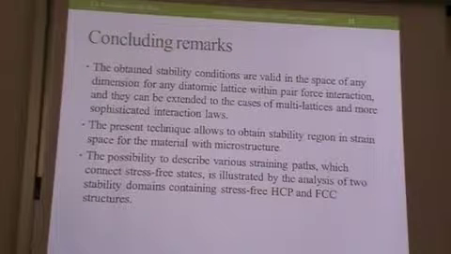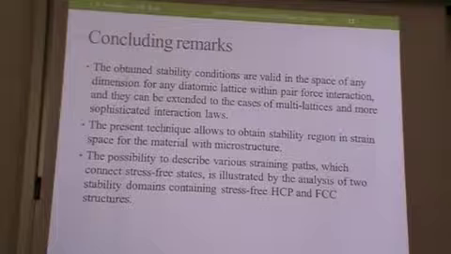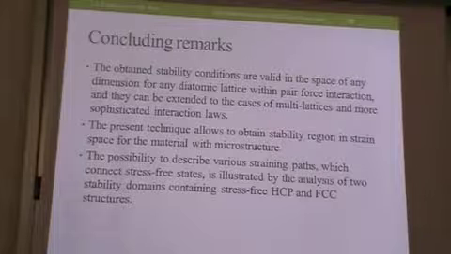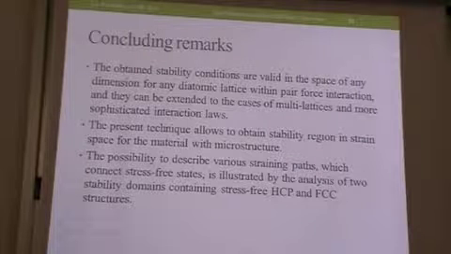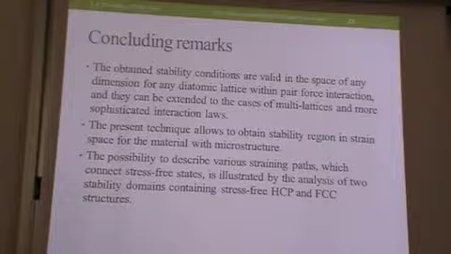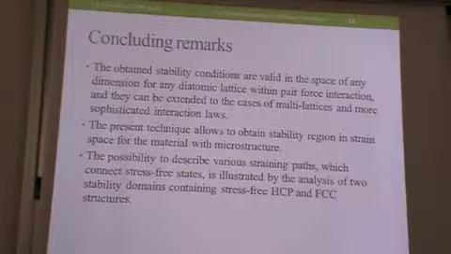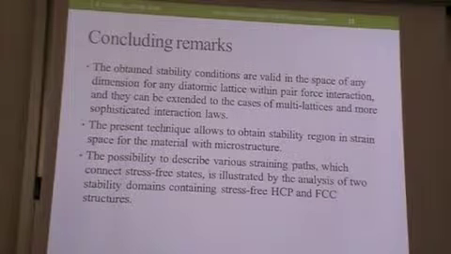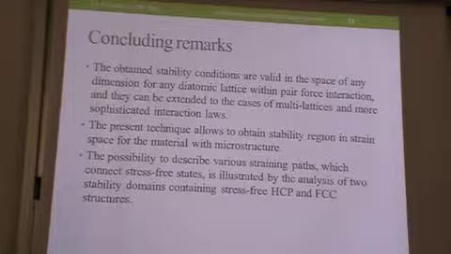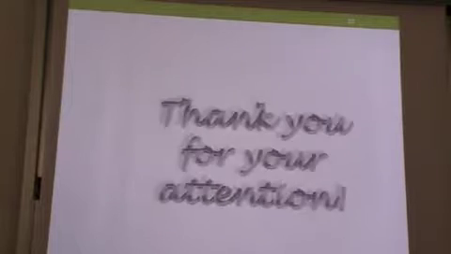Here, we didn't investigate this or that straining path, only one single line, but we have the possibility to draw any curve in that space and have a look at it. And this possibility is illustrated by the analysis of two stability domains where we actually saw a stress-free complex lattice and the process of turning it into a stress-free simple lattice. Thank you for your attention.